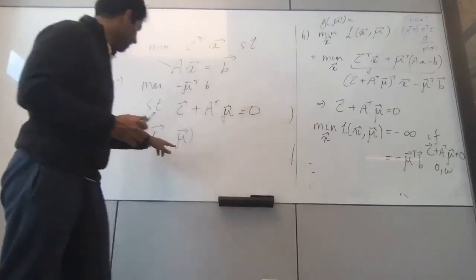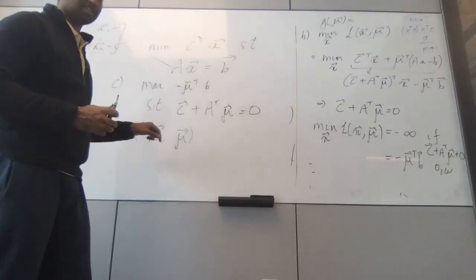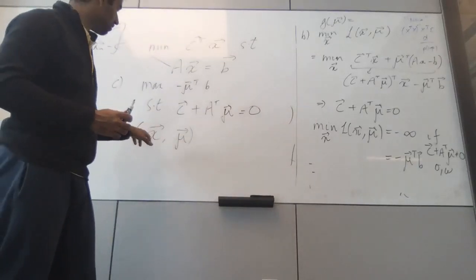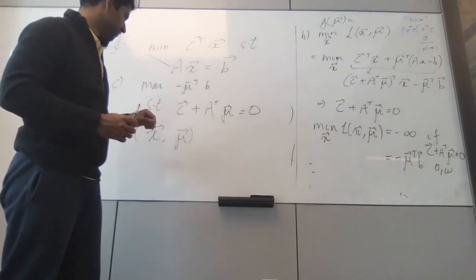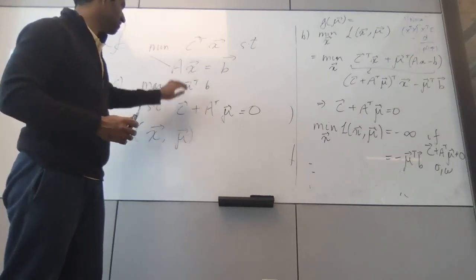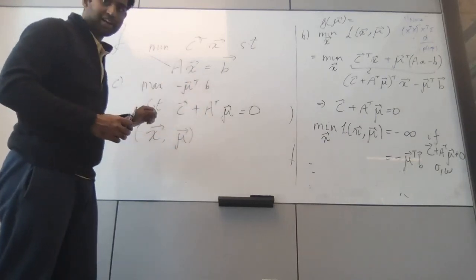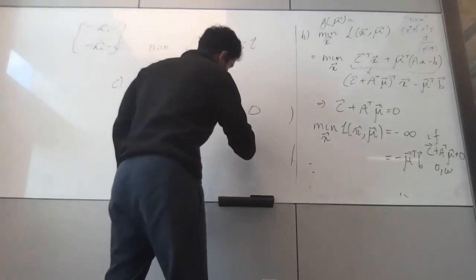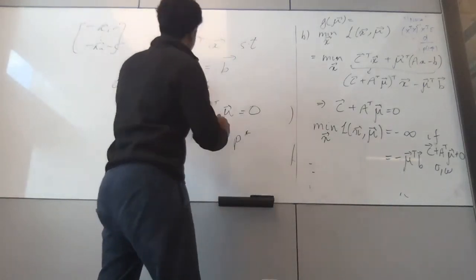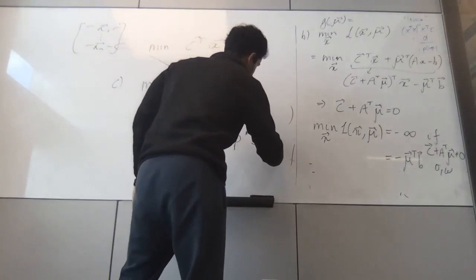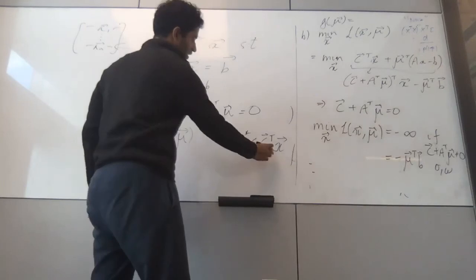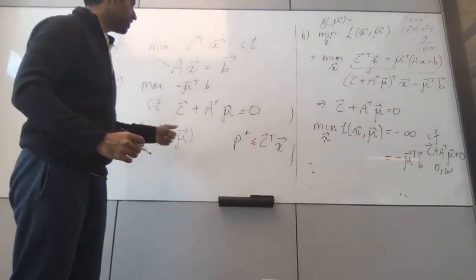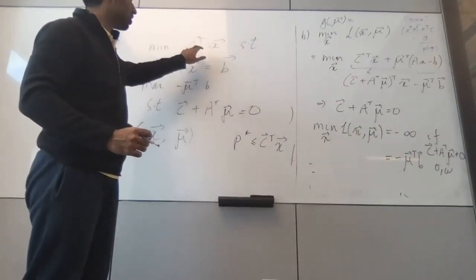Let's say I had a pair of feasible primal and dual points. So X satisfies this equation and mu satisfies this equation. So X and mu satisfy both of these constraints, right? So I know that P star is less than or equal to C transpose X, because X is just one feasible point and P star is the feasible point with the minimum value.